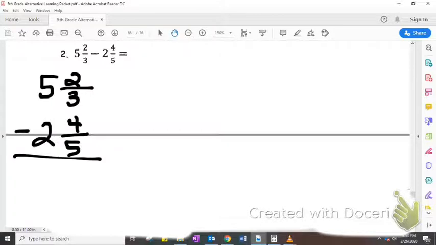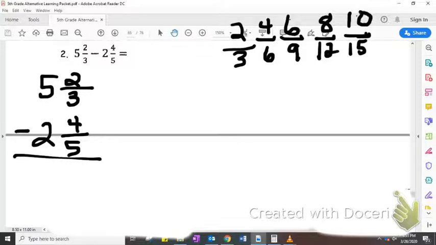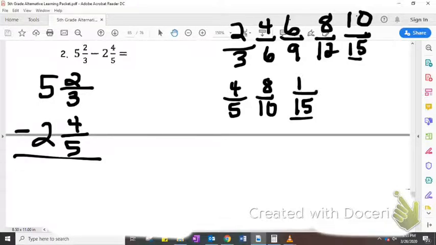Now you want to find common denominators, so let's skip count over here. Okay, and then 4/5. So there's my common denominator right there. I feel like I've already done this. 10/15 and 12/15.